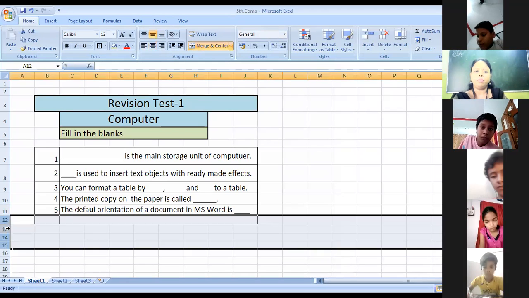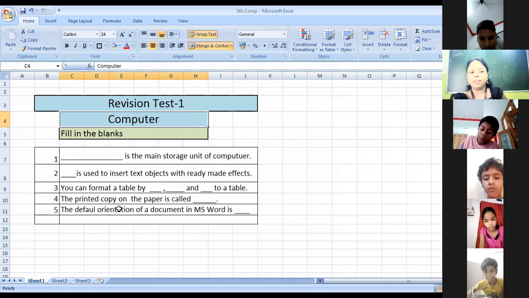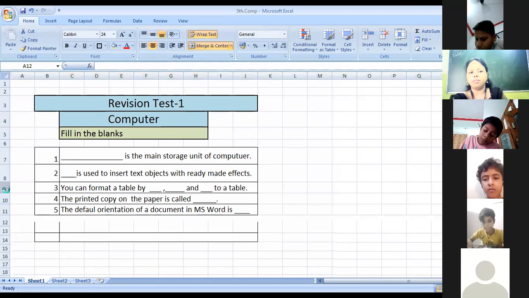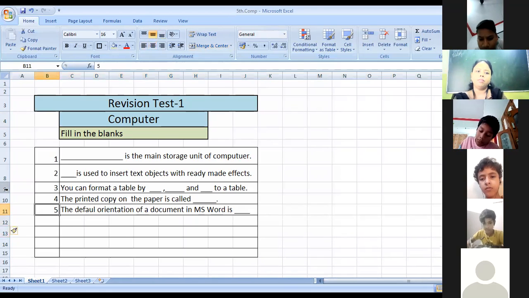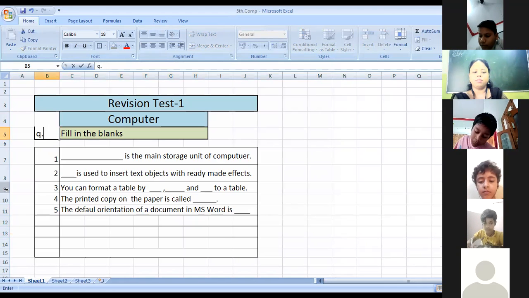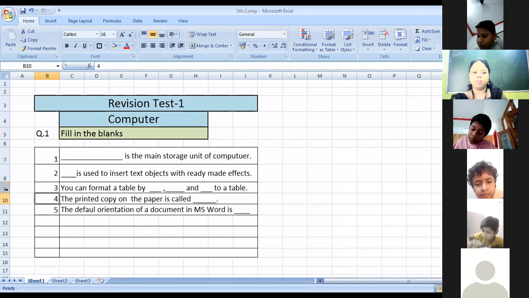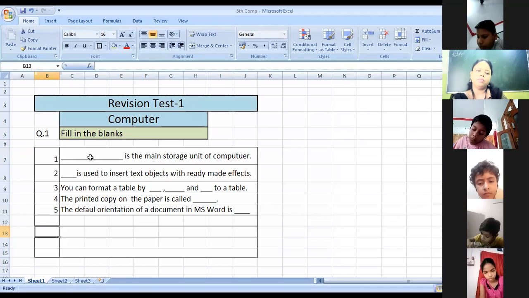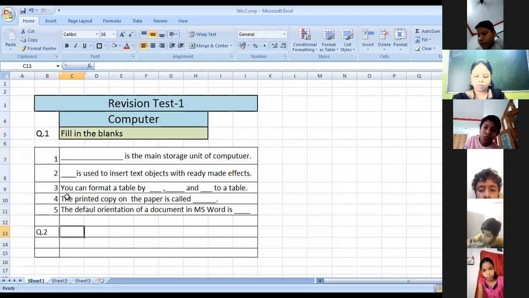I think 5 fill in the blanks are sufficient. Complete them.